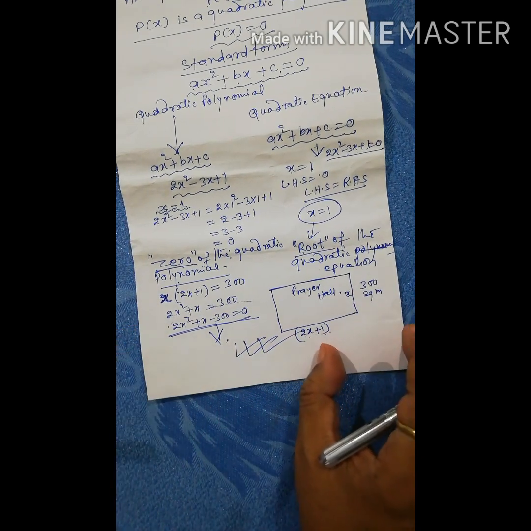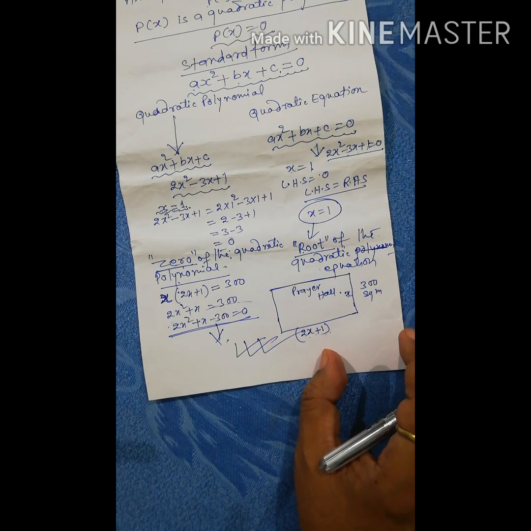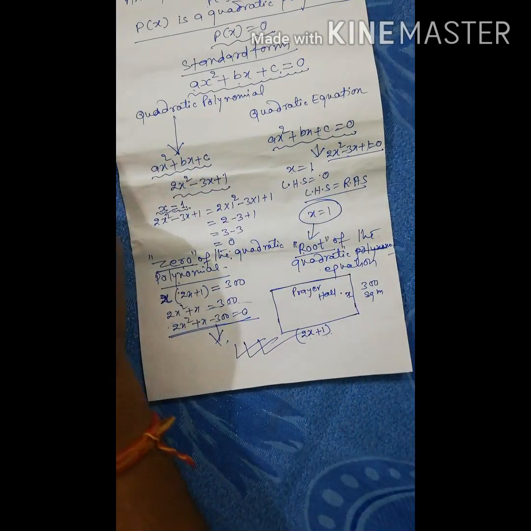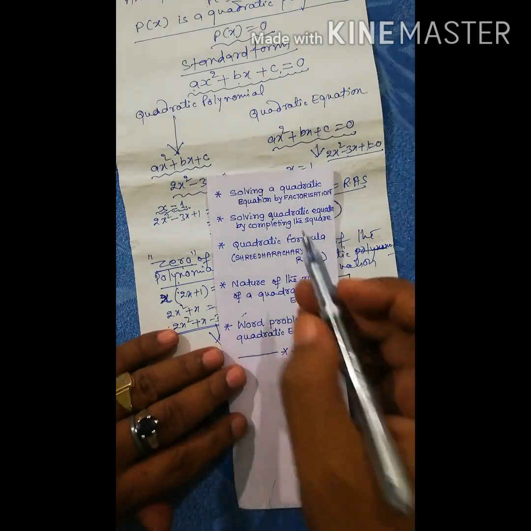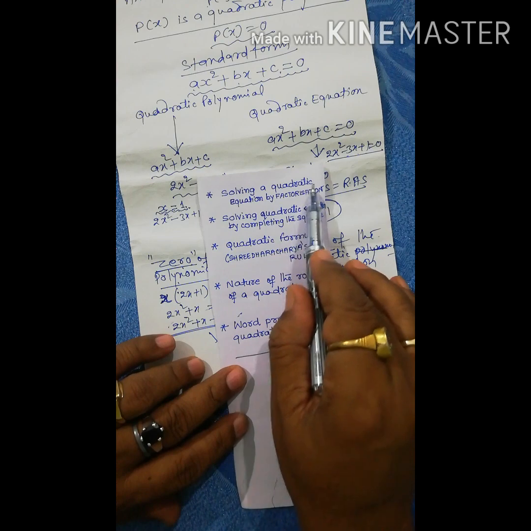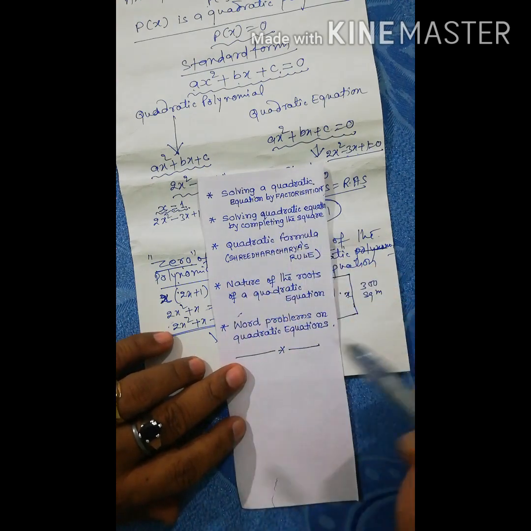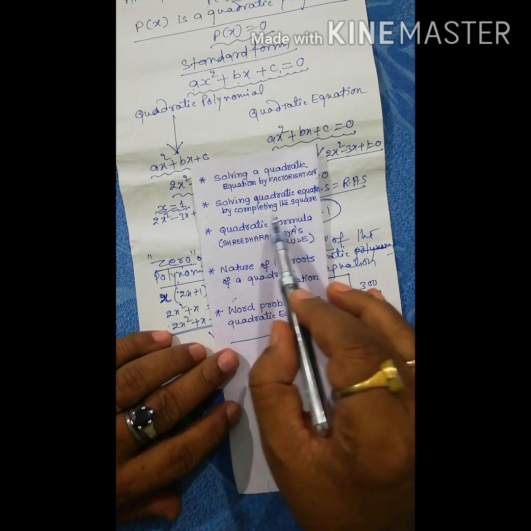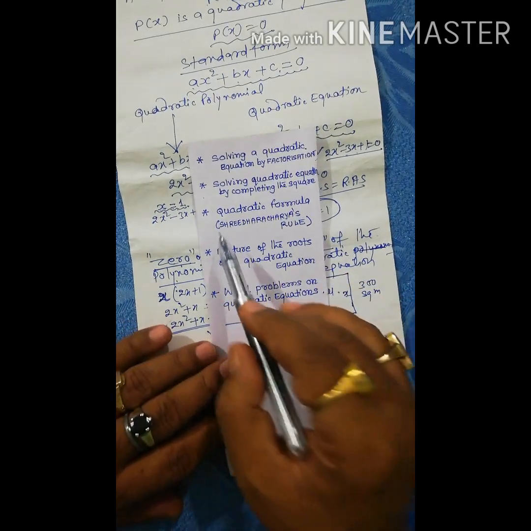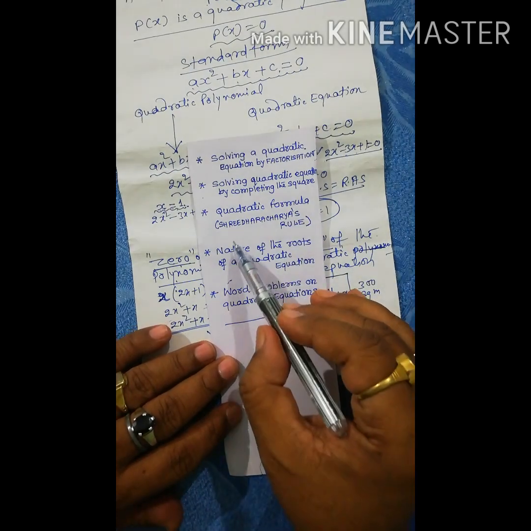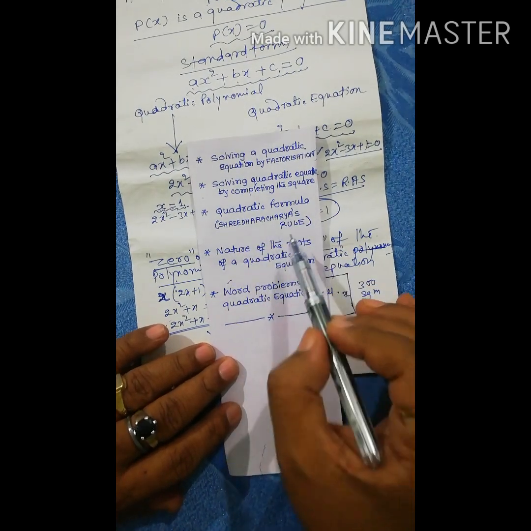In this way, we can discuss quadratic equations in 5 phases. First is to solve a quadratic equation by the factorization method. Second is to solve a quadratic equation by completing the square. Third is the quadratic formula, Sridharacharya's rule.